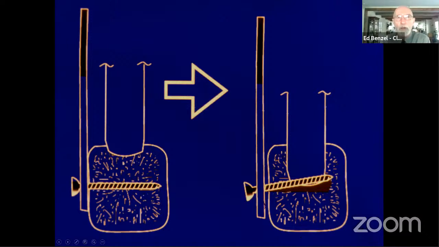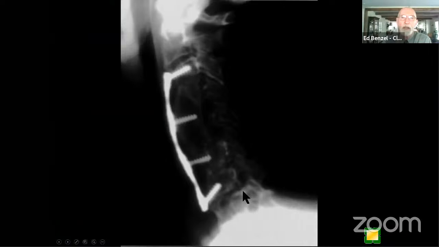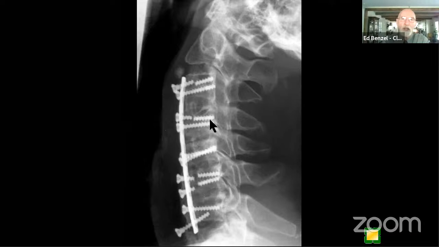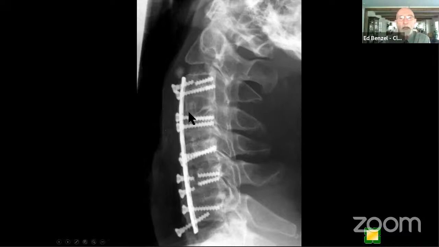Screws that toggle, or non-fixed moment arm cantilever beams, are usually fixed inner diameter screws, and they can windshield wiper through bone, and that can provide, in a sense, a form of dynamism, which allows bone to see bone healing enhancing forces. Here's another example of non-fixed moment arm cantilever beam screws in a mid-generation cast bar plate where the patient actually went on to fusion.